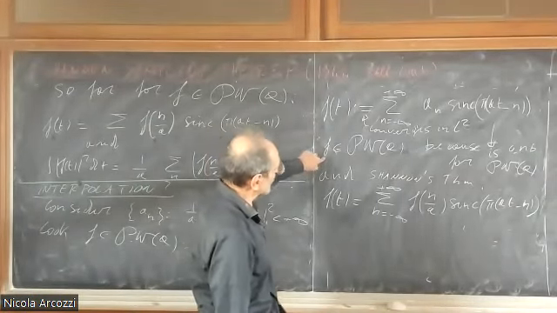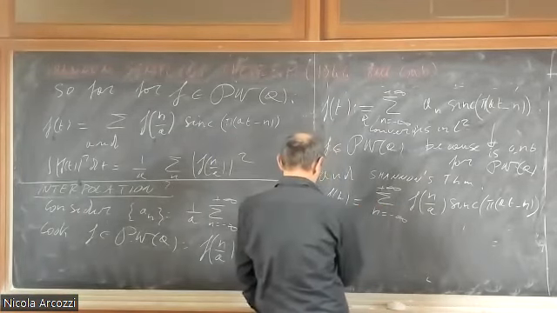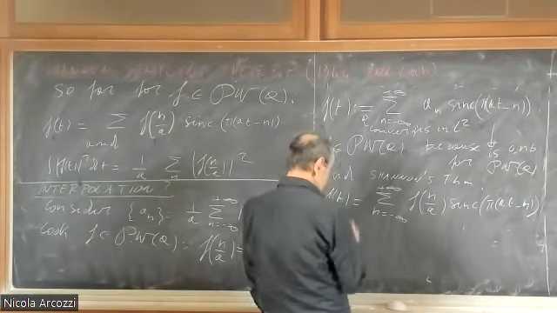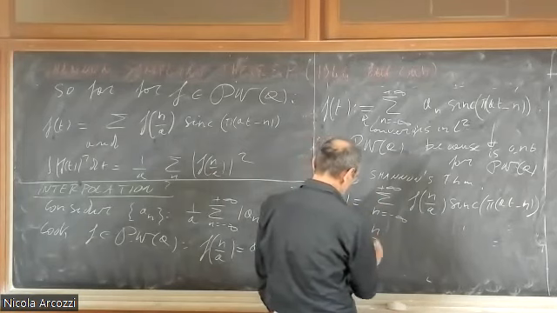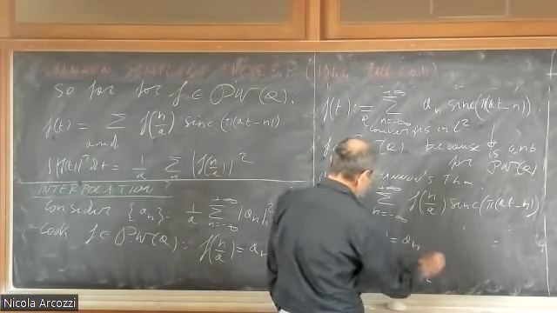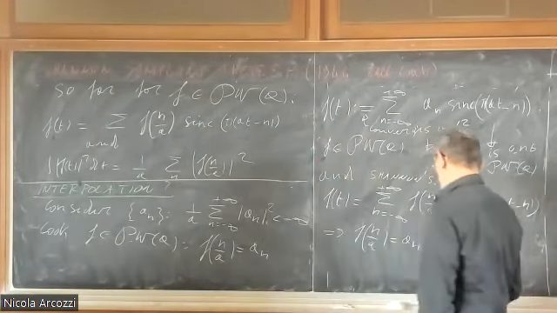Well, but then f n over a is equal to a n for every n.